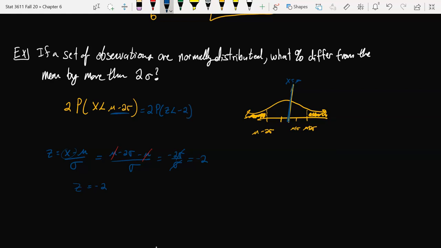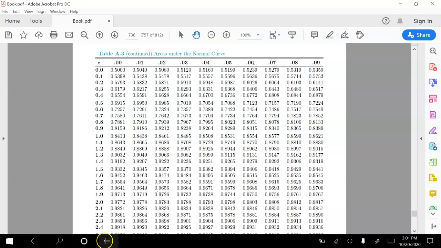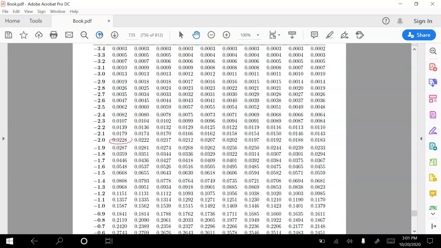So then we just need to go on the table and look up negative 2. And here we go. Negative 2.0. Right there. 0.0228. And then we're going to go ahead and double that.